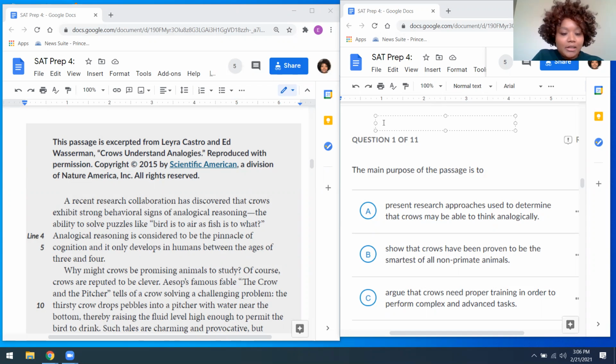I think ML had said analyze. I'm just going to rewrite this. This is the word we're looking at. So let's say we're not sure what that word means.